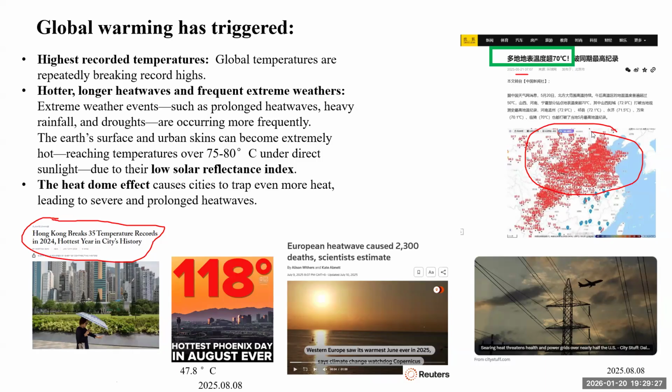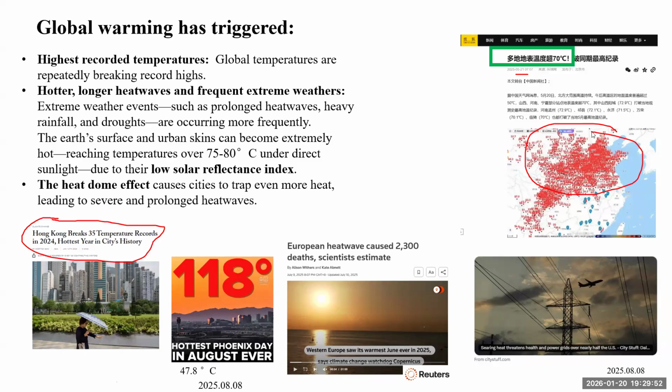Even, I remember last summer, I was in Xi'an for a conference in late August. You know, the air temperature is around 37, 40. We couldn't walk outside because the surface temperature may be over 80 degrees Celsius.